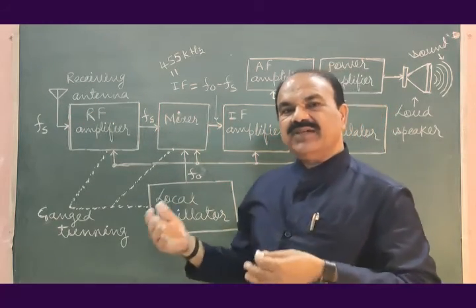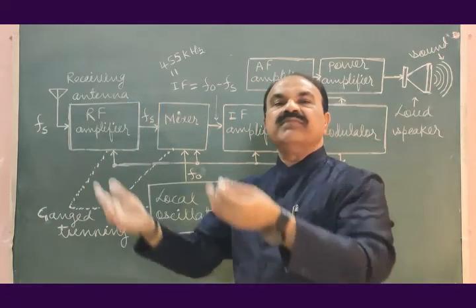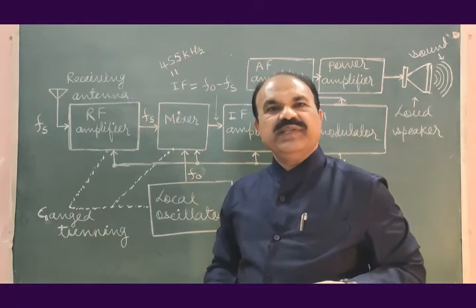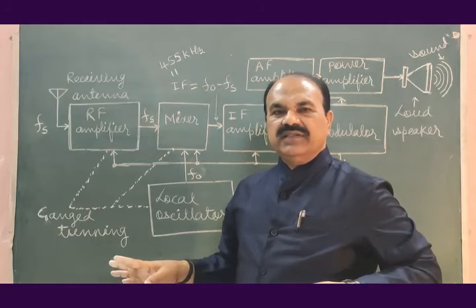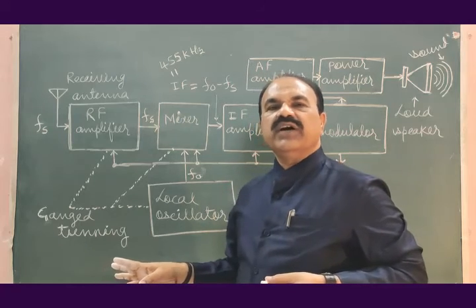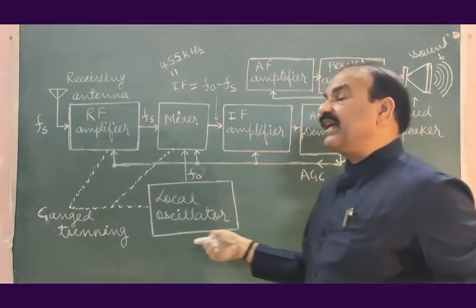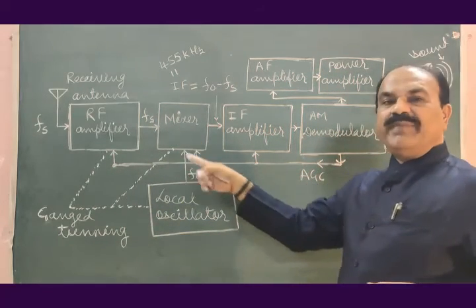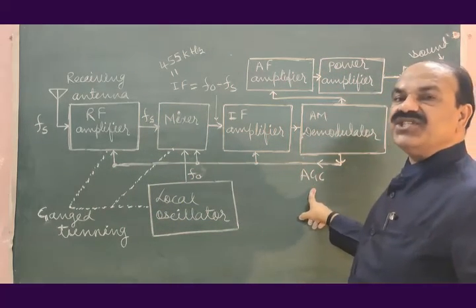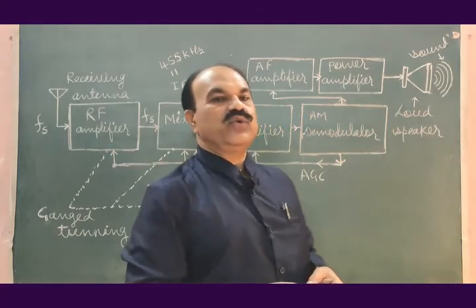There may be mixing of noise, there may be other atmospheric conditions. All these are not going to affect the gain. The gain of these three will be automatically controlled by this feedback, known as AGC, automatic gain control.